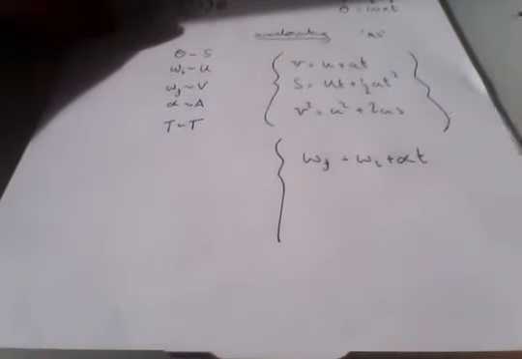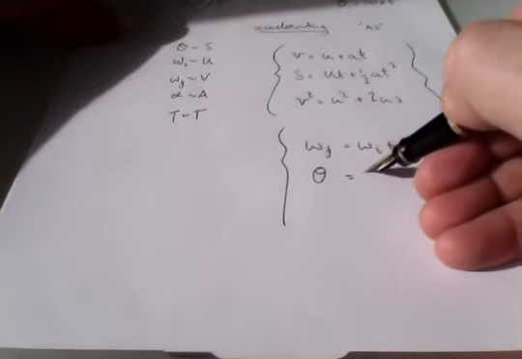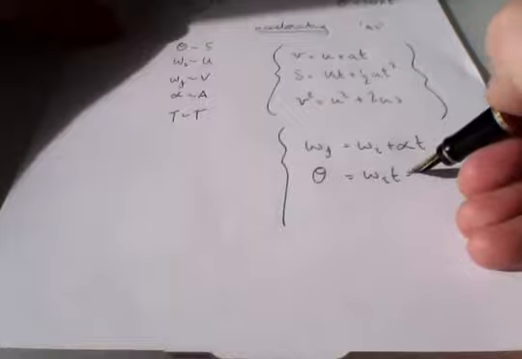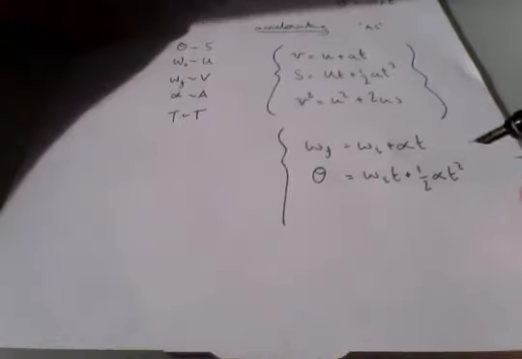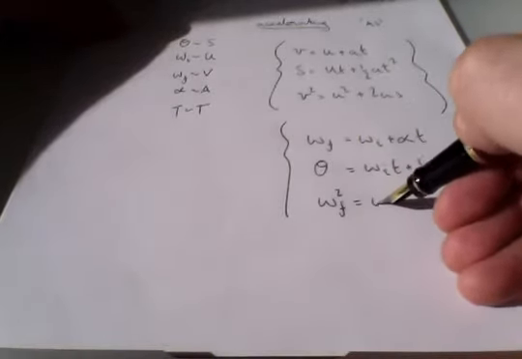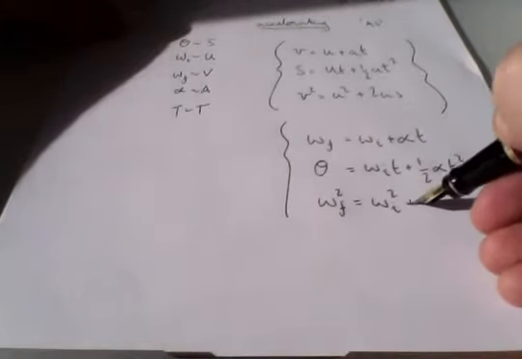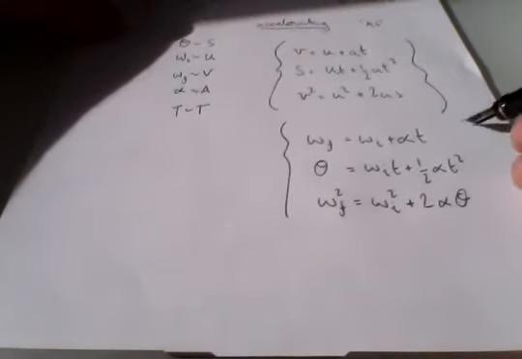The angle you've travelled through is initial angular speed times time plus a half alpha t squared. And final angular speed squared is initial angular speed squared plus 2 alpha theta.